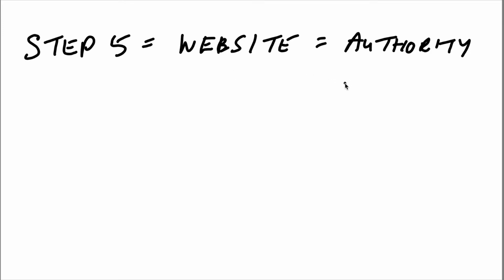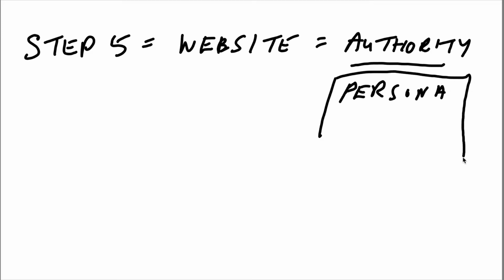And one thing that we can talk about briefly here is that when you create an authority website, you're going to have a persona on the site. So if people come to a website about finance, they want it written by someone who is financially literate, who knows everything about the subject matter, who speaks well, and who you can relate to in that sort of fashion.